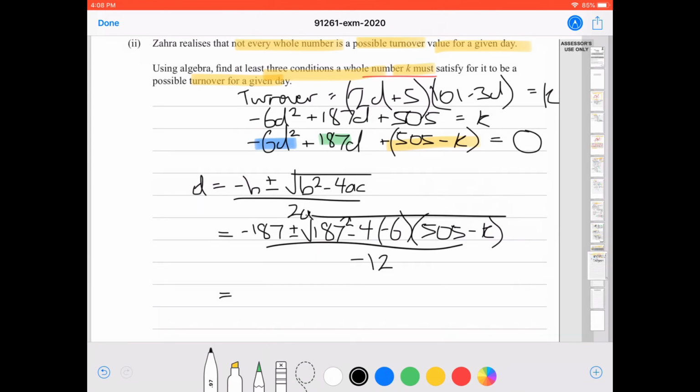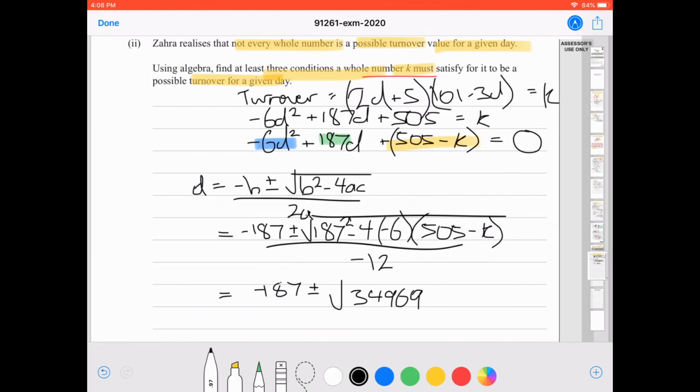Okay, so tidying up our expression, we've got minus 187 plus or minus the square root of, and we can say 187 squared is 34,969, and I suppose for the sake of working, let's write that. 34,969 plus 24 times, because negative 4 times negative 6 is 24.